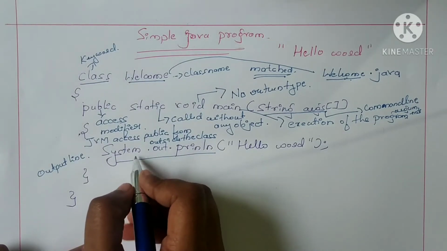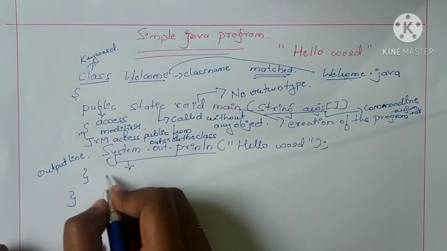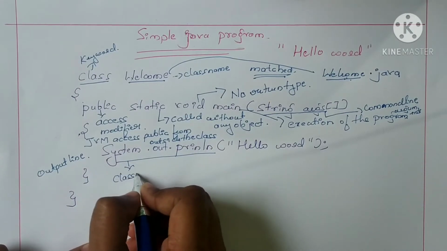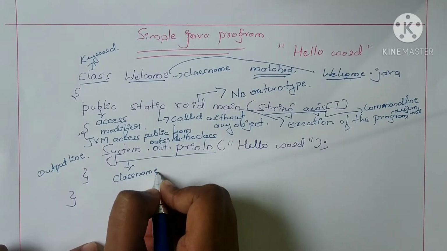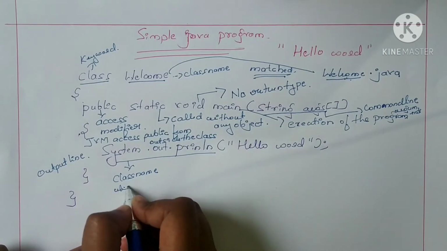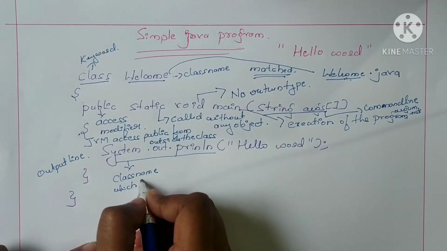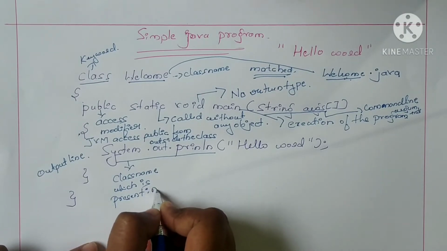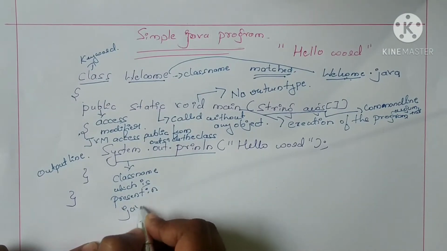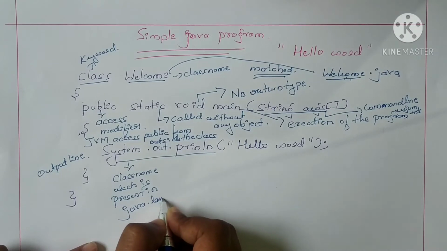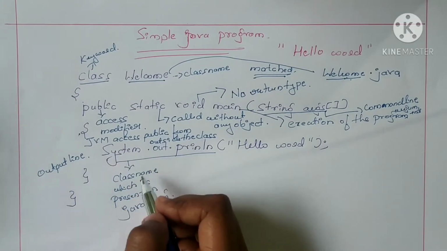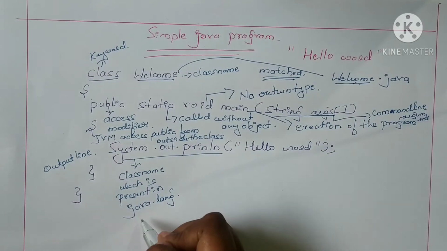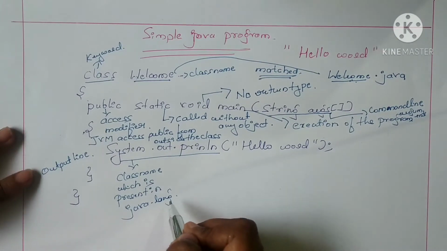System is a class name which is present in java.lang package.